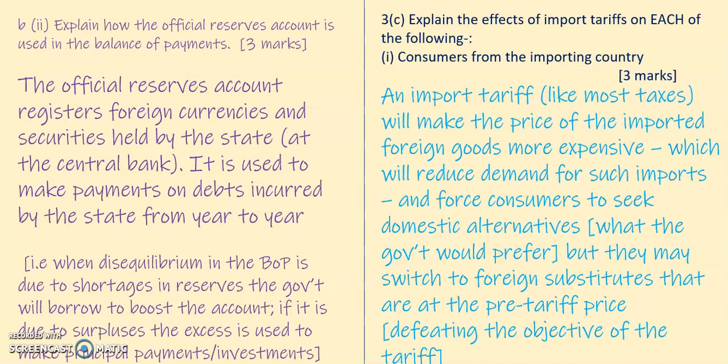So in other words, if you put in this tariff to raise the price of, say, Apple phones to $5,000, and a person is ambivalent between an Apple and a Samsung, and the Samsung is selling at $1,000, the person says, well, I could buy a Samsung. So they aren't making an effort to buy anything local. You might be selling a local brand called Tululi, but nobody is interested in it. So you defeat the whole purpose of placing a tariff.